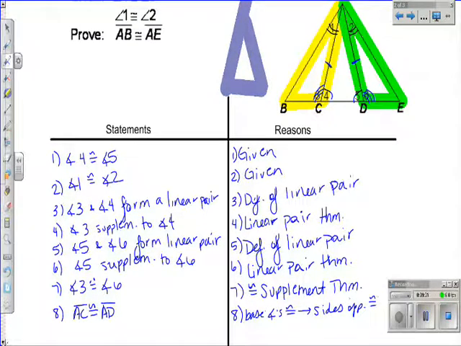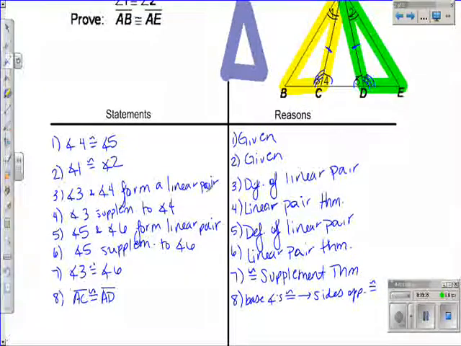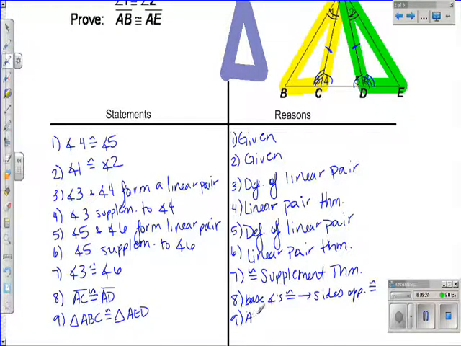So if the base angles are congruent, then the sides opposite them are congruent. Now we can see by angle, side, angle that triangle ABC is congruent to triangle AED by the angle-side-angle congruence postulate.